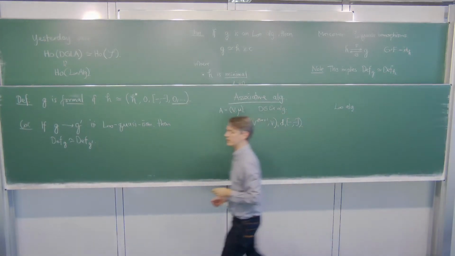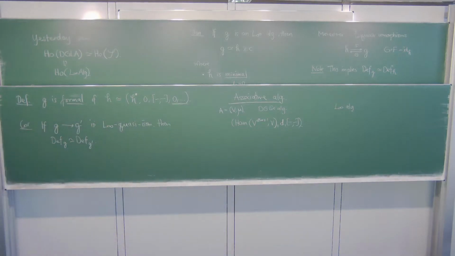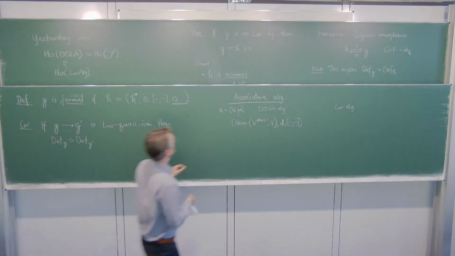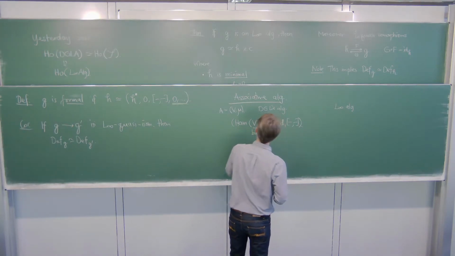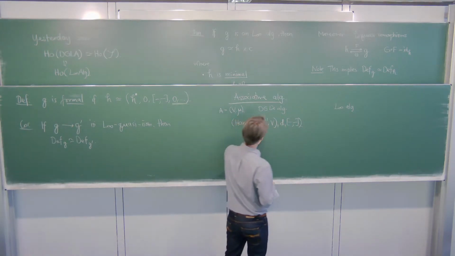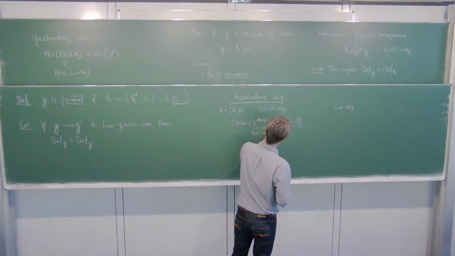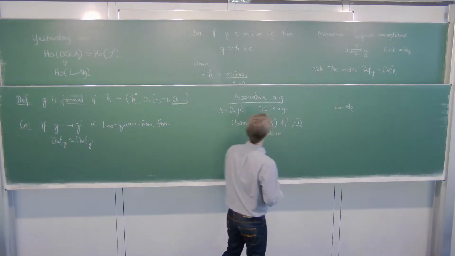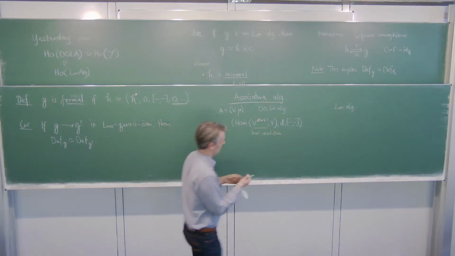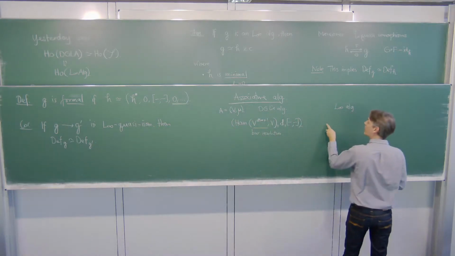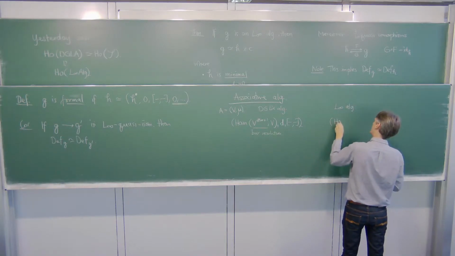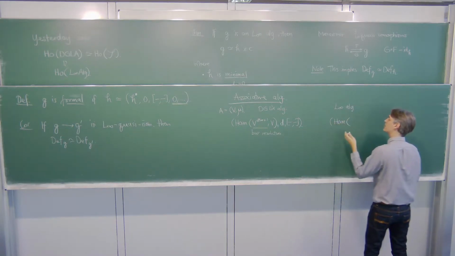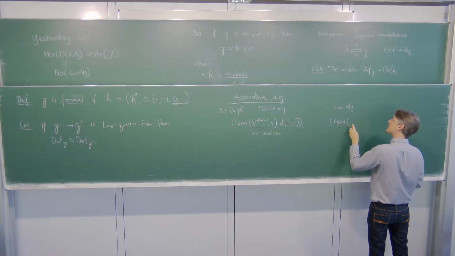The Hochschild cochain complex is constructed as the dual of the bar resolution. You might have an algebra which has another nice resolution which is smaller.